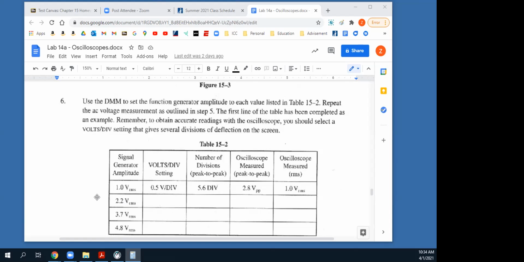Okay. So on my function generator, I want to be on amplitude. I'm going to adjust this dial. I'm going to adjust it to, what am I doing, 2.2 volts RMS. So that's somewhere around 6 point something.